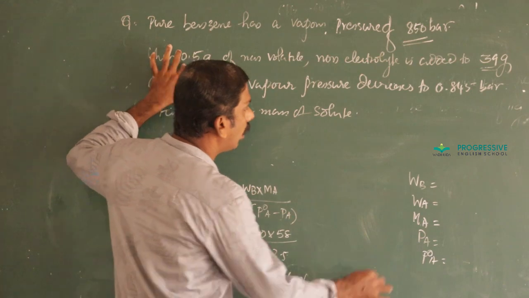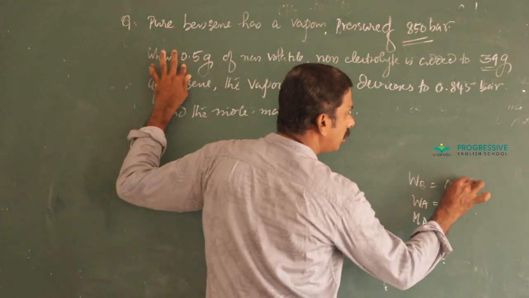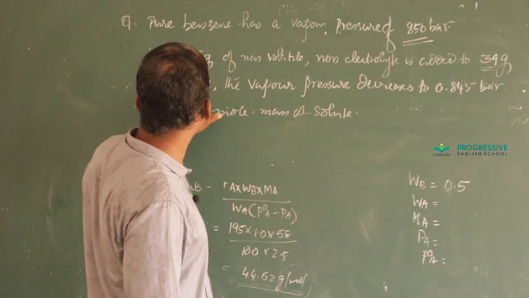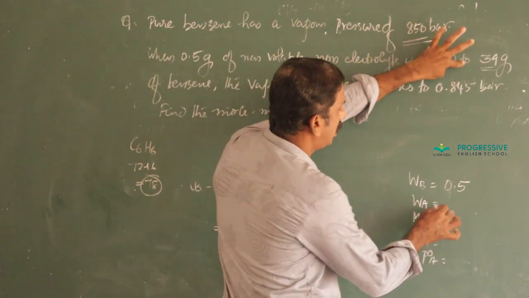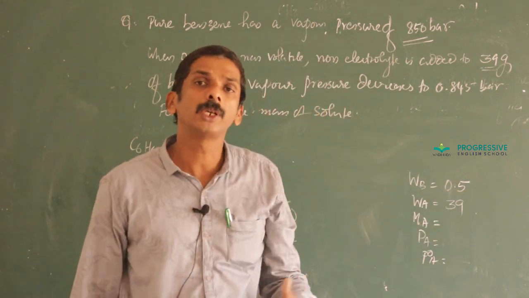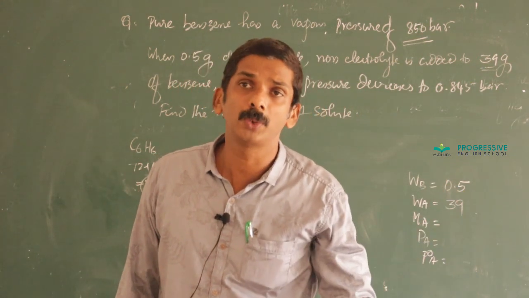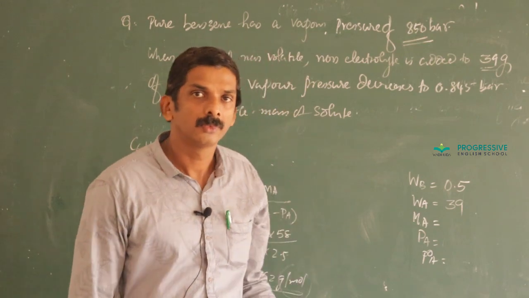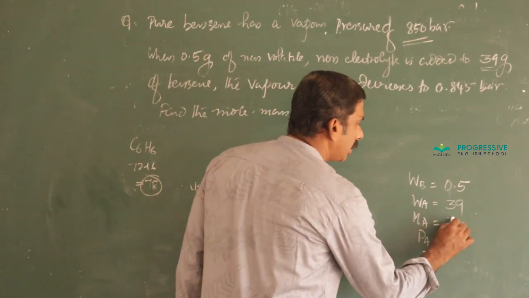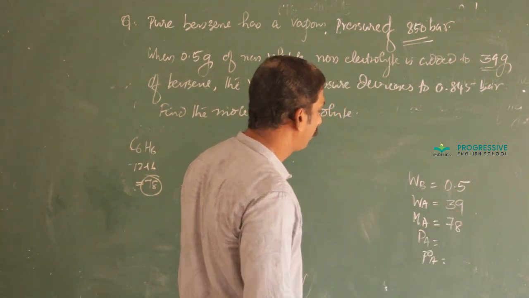Here, what is the value of WB? It is 0.5. WA is 39. In the textbook, instead of A and B you can see W1, W2 or M1, M2 like that. MA, the molecular mass, is 78.